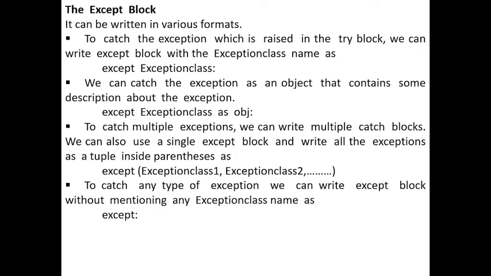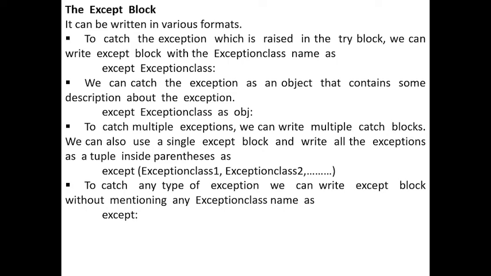We can write the except block with the exception class name as except ClassName. We can catch the exception as an object that contains some description about the particular exception, by using the except clause as obj. To catch multiple exceptions we can write multiple catch blocks.